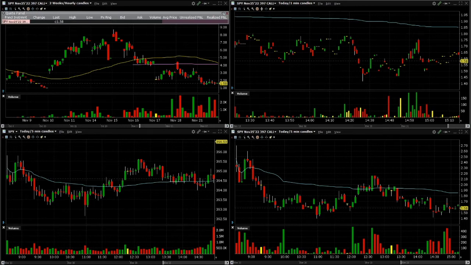I'm going to keep an eye on the closing price of that candle so that when the next candle starts, I'm going to look at where the opening price of that next candle is relative to the closing price of the previous candle, and make my decision whether I'm going to enter the trade or not. So that's the trading plan.